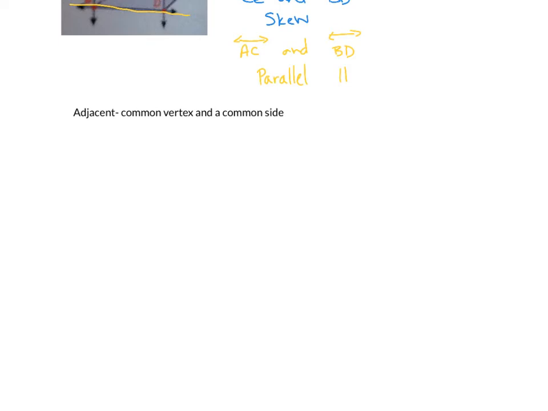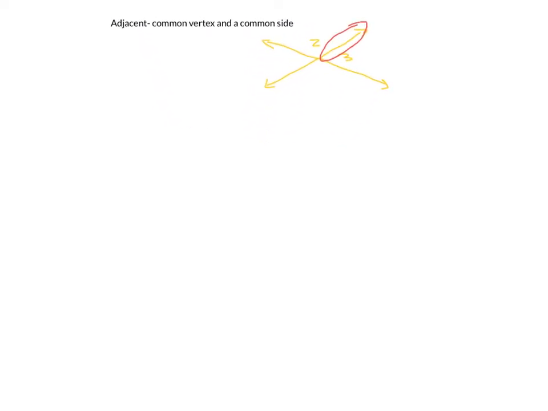So an example of that, if you had these two angles here, and we said this is angle 2 and this is angle 3, they're adjacent because they share this side. Okay, that side is part of angle 2 and it's also part of angle 3. So that's how you know adjacent angles, they share a side.